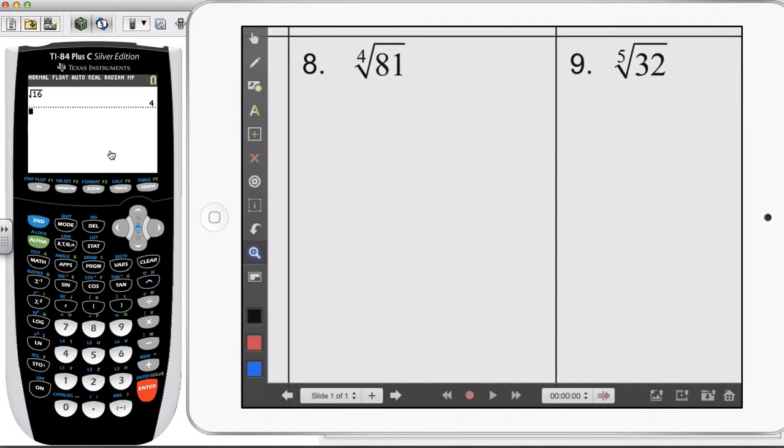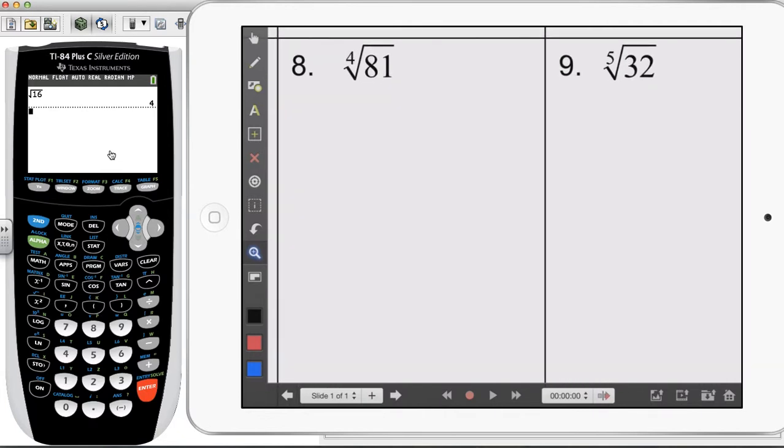4th root of 81. Now, if I want to do this without a calculator, I'm going to think of the 81 by itself, okay? If you didn't already figure this out, this is basically 4 3's multiplied together. 3 times 3 times 3 times 3 is equal to 81. But if you didn't see that, you can do the factor tree.